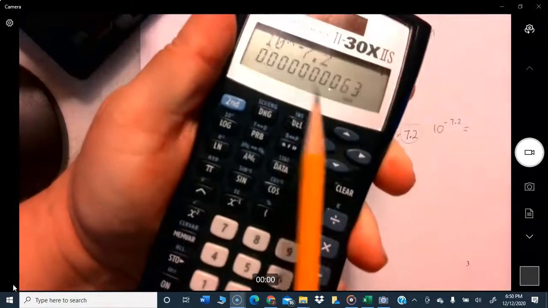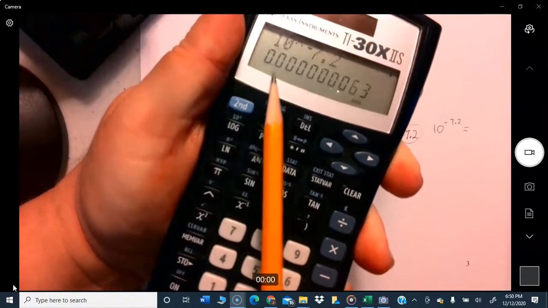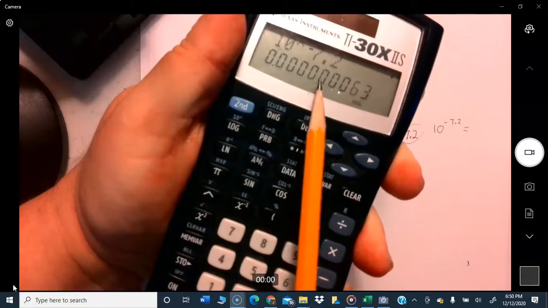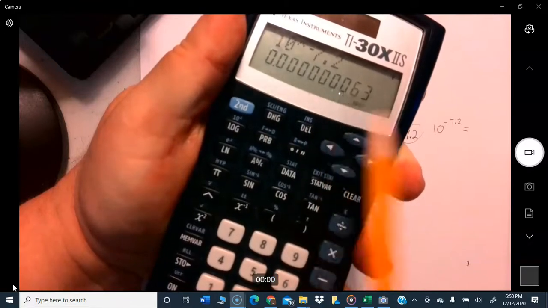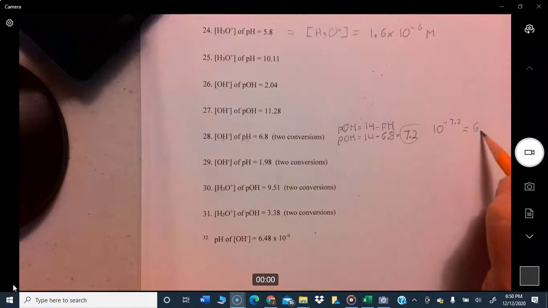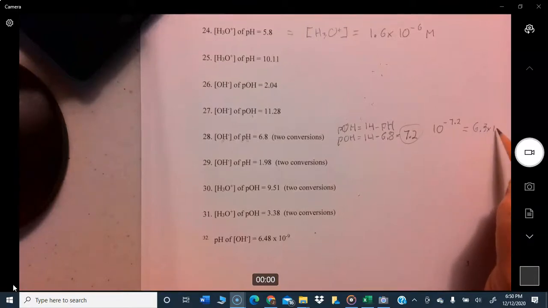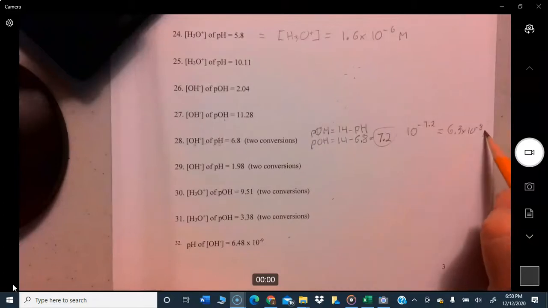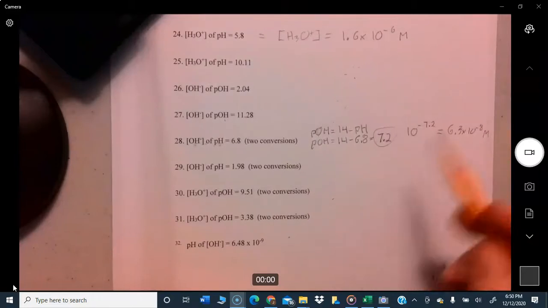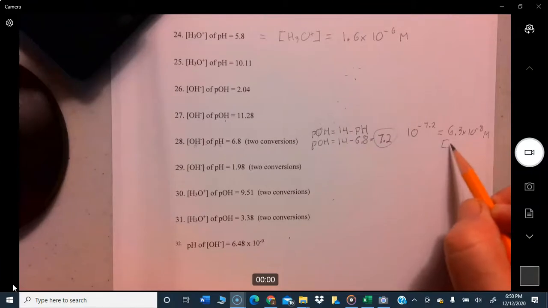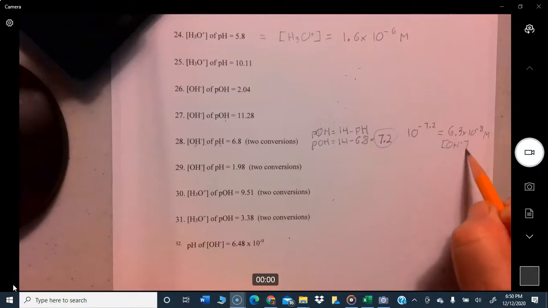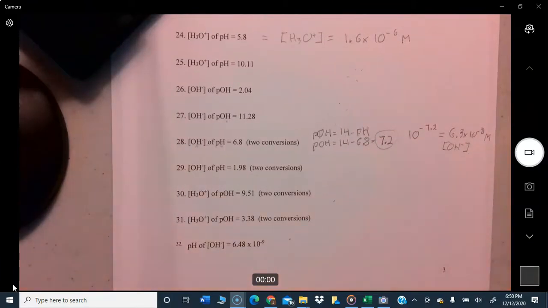And that gives you this number, so be careful counting the zeros: 1, 2, 3, 4, 5, 6, 7, 8. 6.3 times 10 to the negative 8th molar, and that is the OH concentration. All right, the rest of these are done the same way.